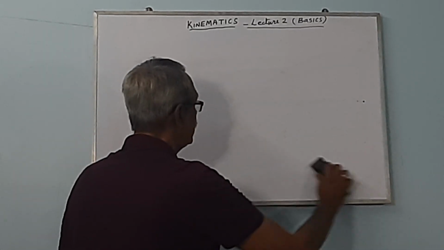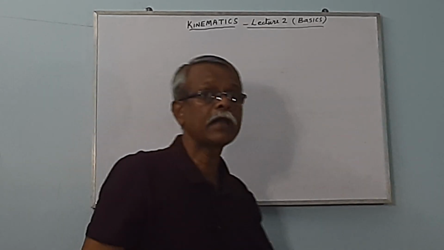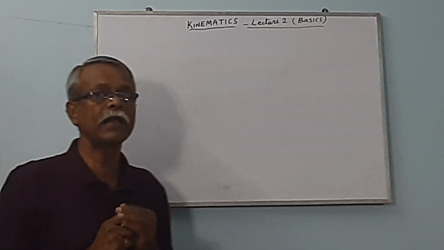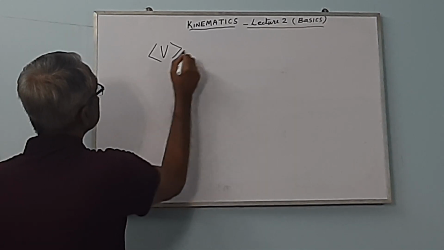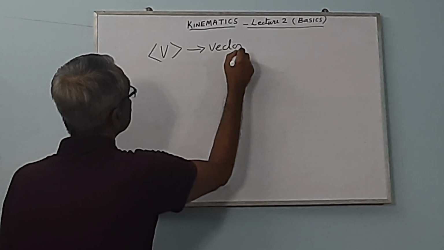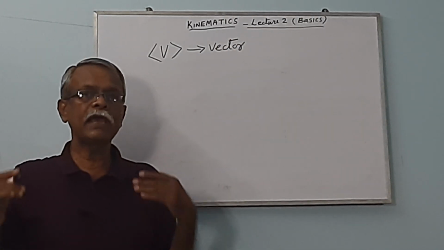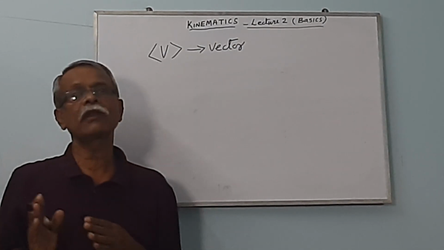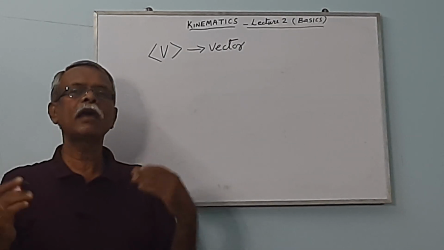And we know that displacement divided by time is a vector quantity, displacement is a vector quantity, therefore velocity, average velocity, is a vector. When you consider one-dimensional motion, we don't need the entire mathematical machinery of vector analysis. Instead of that, you can use plus sign and minus sign.